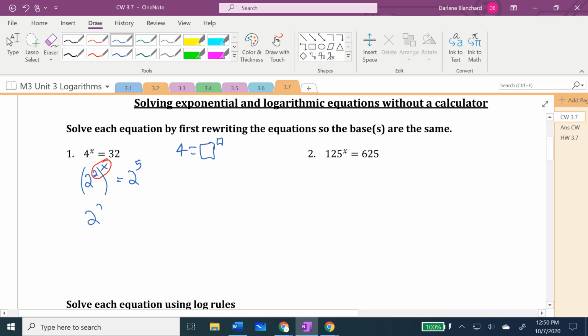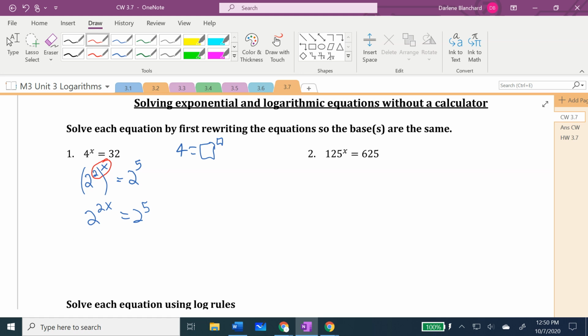So that means I have 2 to the 2x is equal to 2 to the 5th. And now you've been told that basically you can just take the exponents and make them equal to each other. Now, if you're happy with that explanation and you don't want to hear what I'm about to say, you can go ahead and plug your ears.